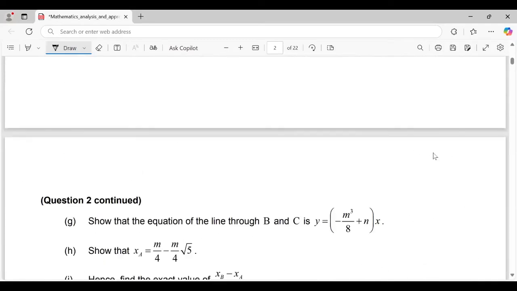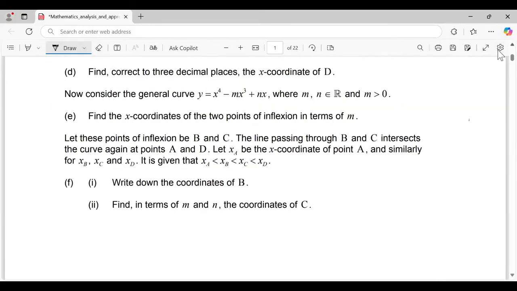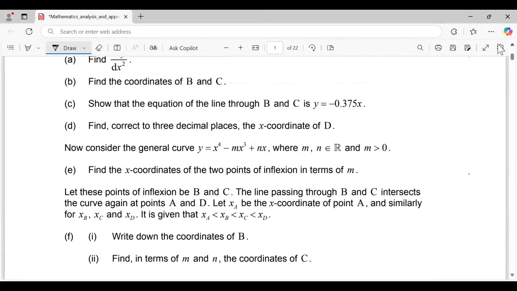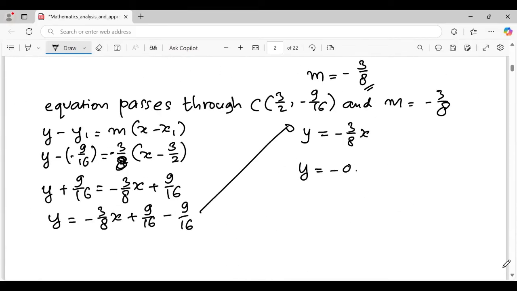Based on this question, minus 0.375x, so 3 over 8 is minus 0.375x.